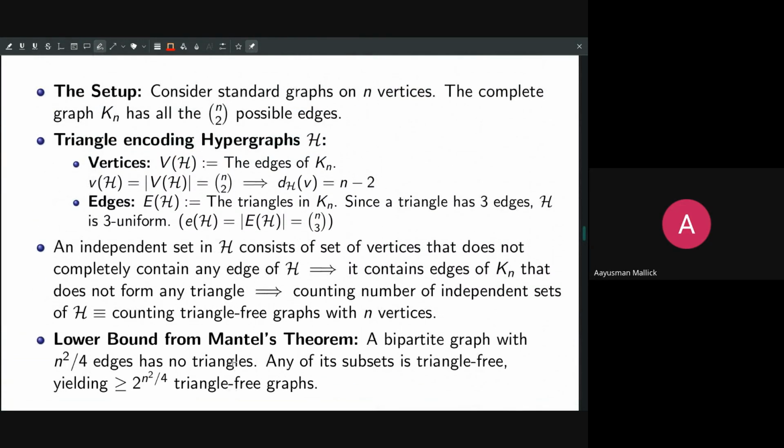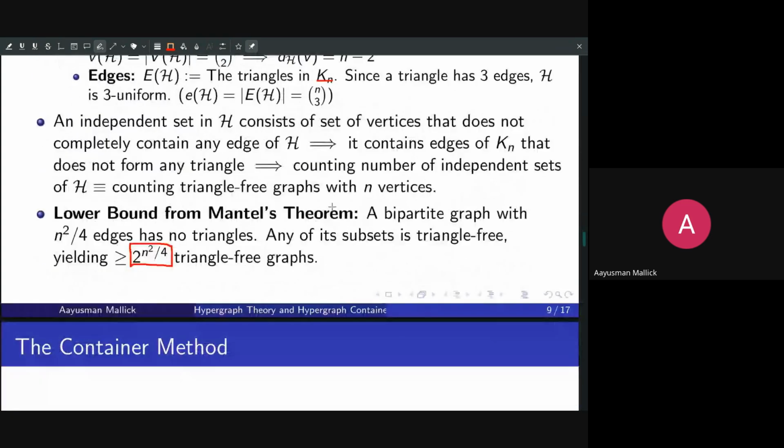From this method we found that we are counting individually for the individual edges. From this expression it is also clearer that we are counting individual vertices of the hypergraph, which is equivalent to counting individual edges from Kn.